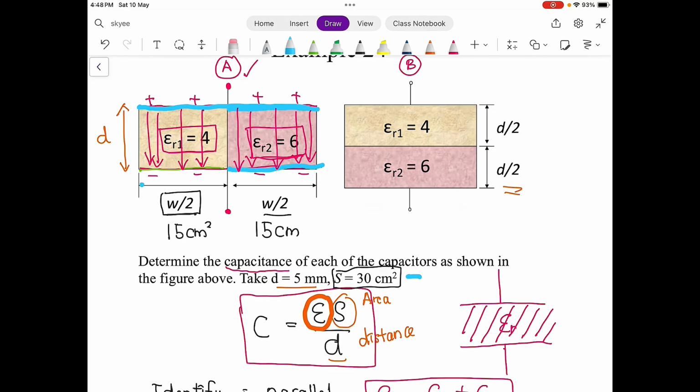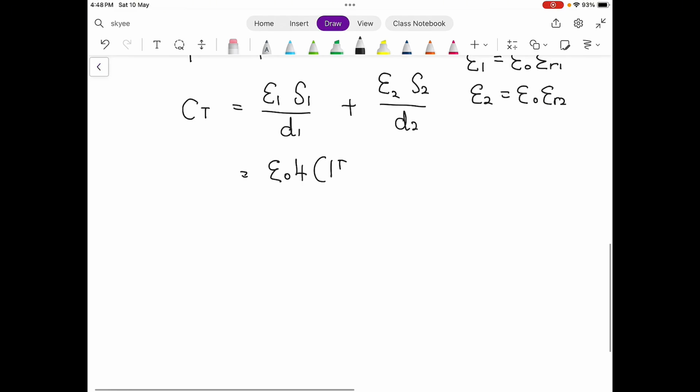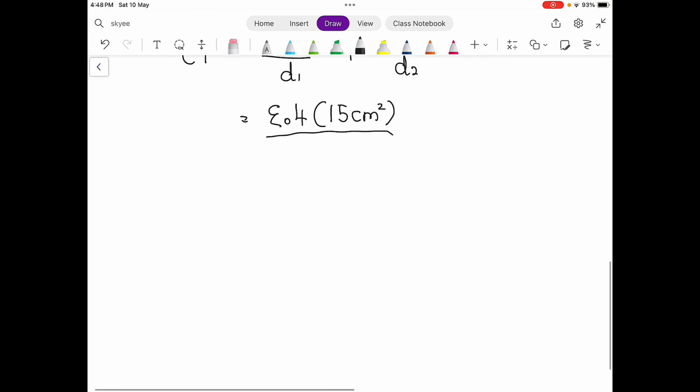Since capacitor 1 only occupies half of it, the area is half of it. So the area is 15 centimeter square, and the separation between the two plates is d, which is 5 millimeter.